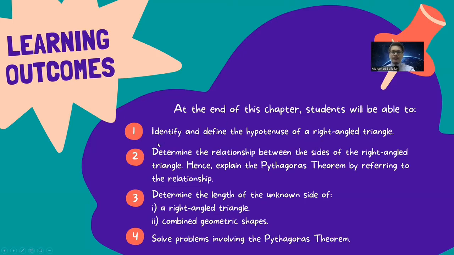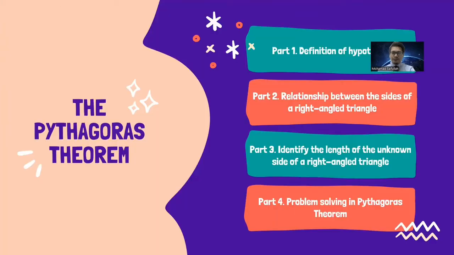The second is to determine the relationship between the sides of the right angle triangle, hence explain the Pythagoras theorem by referring to the relationship. Next, you will be able to determine the length of the unknown side of a right angle triangle and combined geometric shapes. And last but not least, you will be able to solve problems involving the Pythagoras theorem.